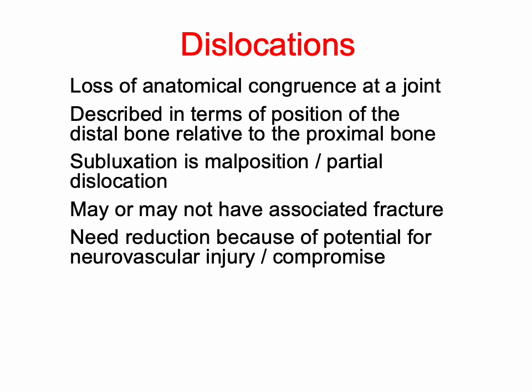So dislocation is a loss of anatomical congruence of a joint, and it can be described in terms of position of the distal bone relative to the proximal bone. Again, subluxation is similar to a partial dislocation in that it's malpositioned but not completely dislocated. Some dislocations are associated with other fractures.